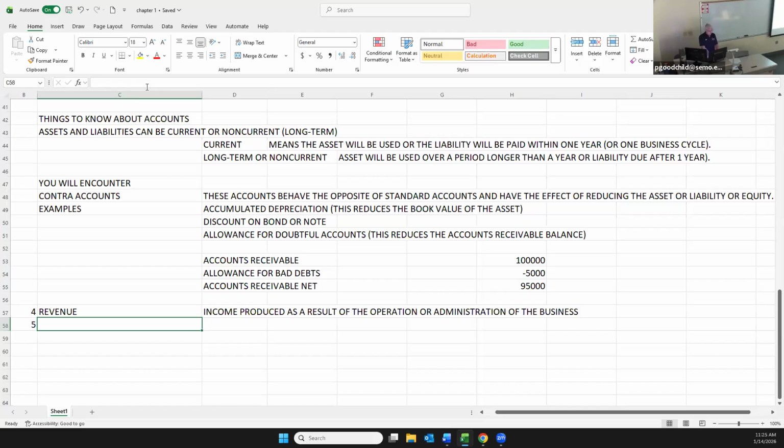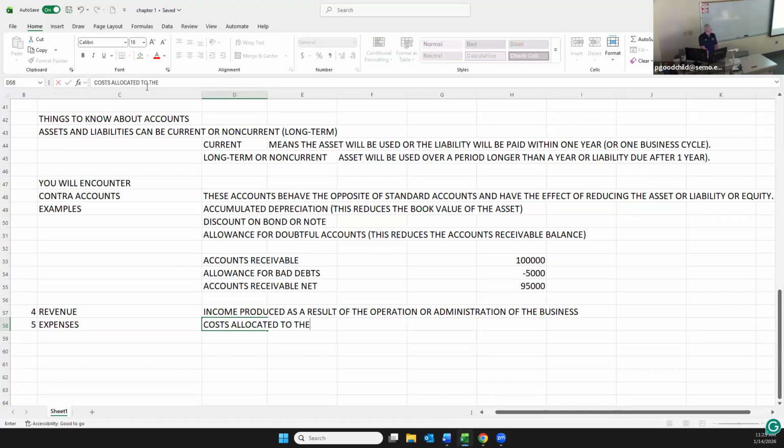And then the 5th one would be expenses. And these would be costs allocated to the financial statements based on US GAAP.